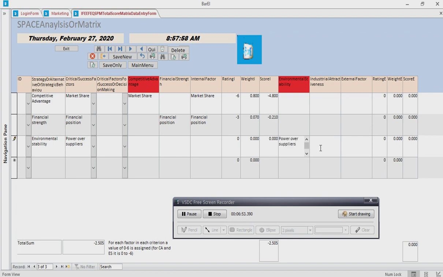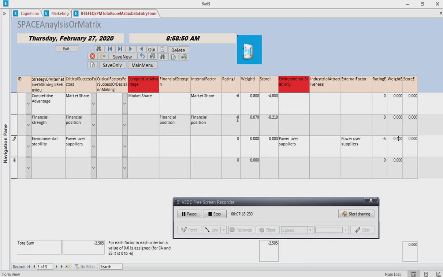This is red here, therefore it is negative. Let's say negative 5, 0.4. No, this was under, it should be positive 4.